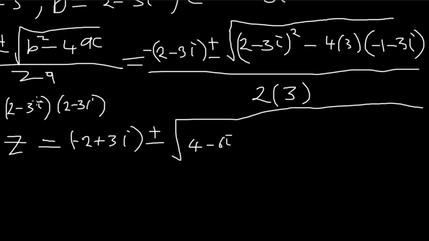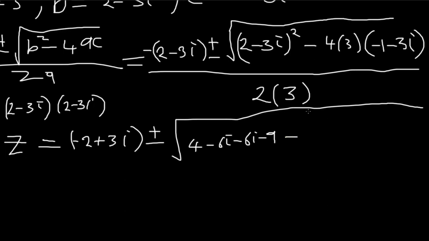And then I'll come to this negative 3i times 2, I'll get another negative 6i. And then negative 3i times negative 3i. Remember, we're going to have at some point i squared, because there's i times i, which is going to give us a negative 1. And then a negative 1 times this positive 9 that we're going to have, we're going to have negative 9.